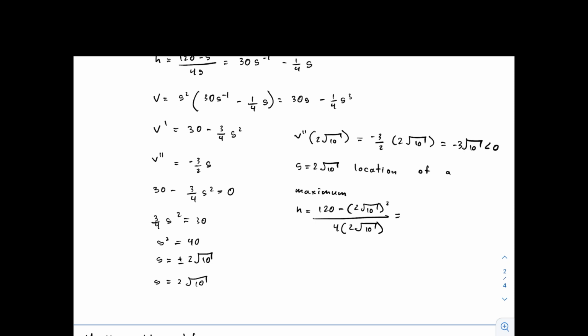This ends up being 120 minus 40 over 8 root 10, and this is 80 over 8 root 10, which is 10 over root 10, or simply root 10.